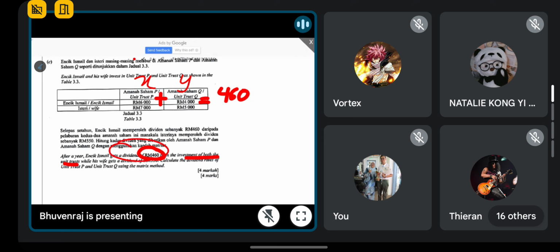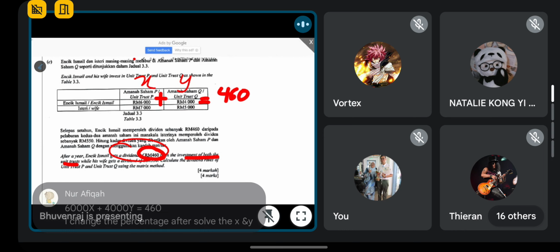Remember this 460 is the total of P and Q. Just type out the equation for me. Type saja persamaan yang kamu dapat yang pertama. The most important part is identifying the equation first.